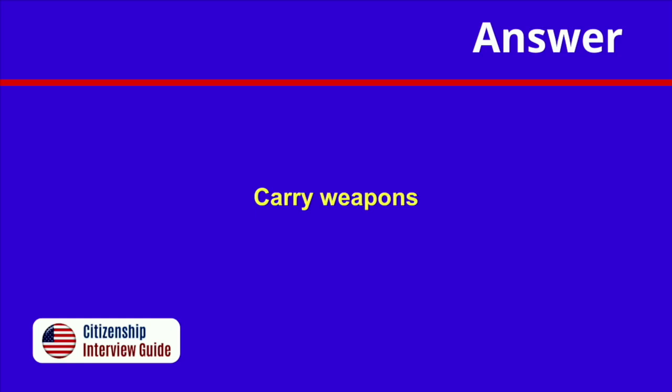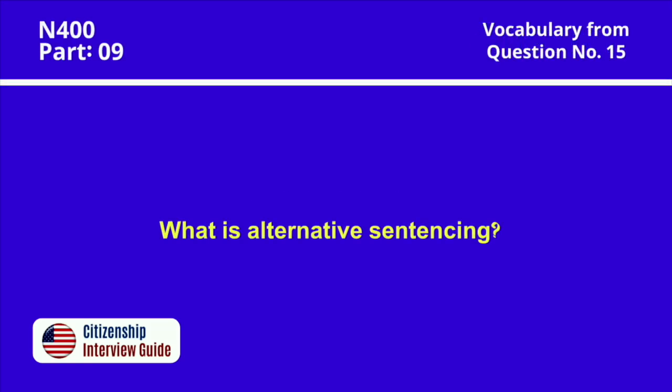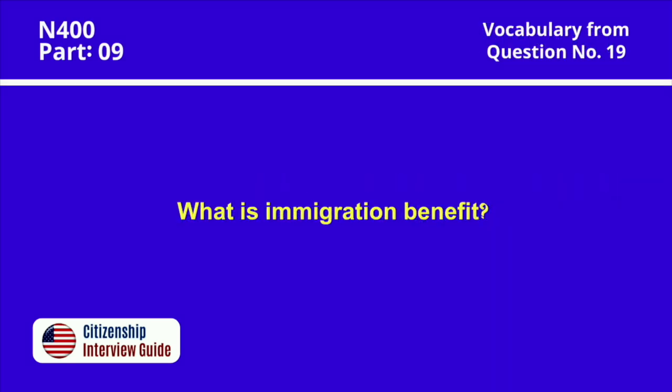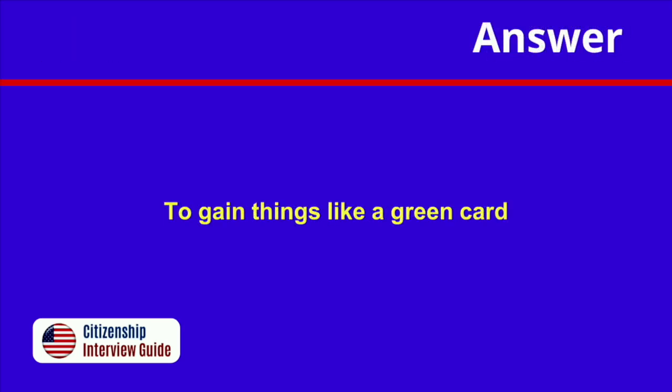Carry weapons. What is alternative sentencing? A different way to punish someone instead of going to jail, such as community service. What is immigration benefit? To gain things like a green card.